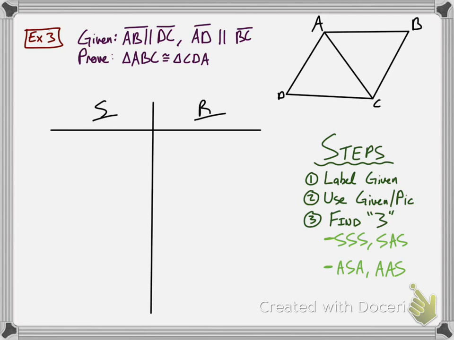All right, and our final proof for this lesson, our given tells us we have AB is parallel to DC. And then we also have a second pair of parallel sides, AD is parallel to BC.